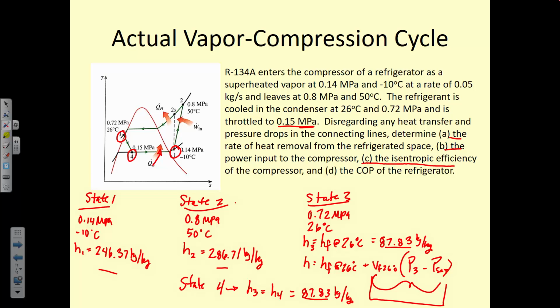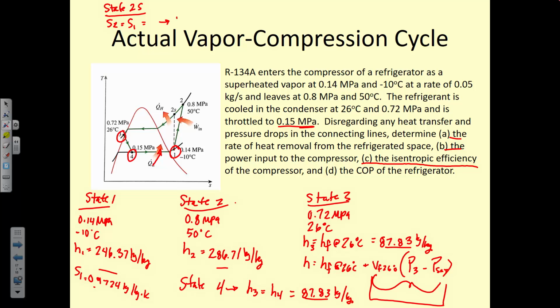But look at this part C, the isentropic efficiency of the compressor. Oh boy. What do we need to do in order to calculate an isentropic efficiency? We'll have to find state 2S. We're going to have to find the isentropic state 2, right? So state 2S is where S2 is equal to S1, which if we looked up S1, it's 0.9724 kilojoules per kilogram Kelvin.